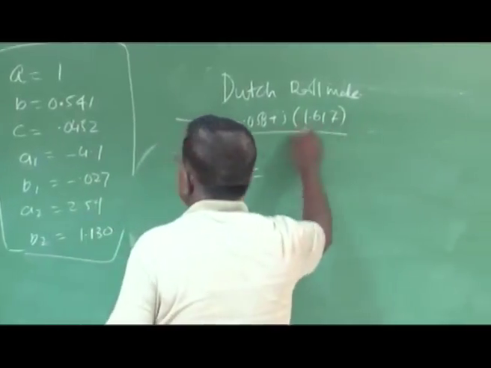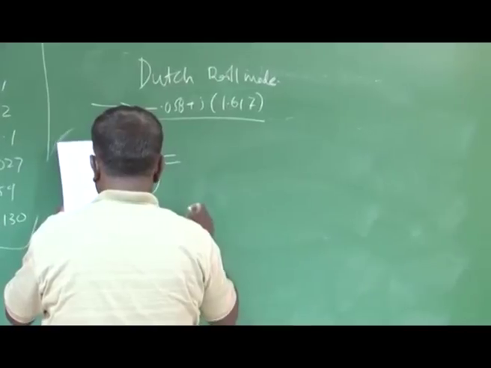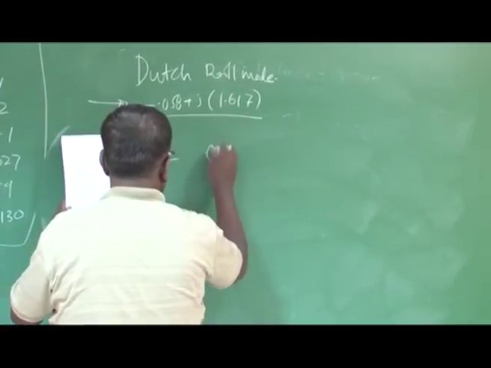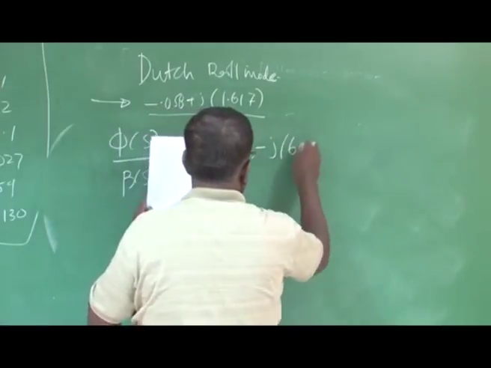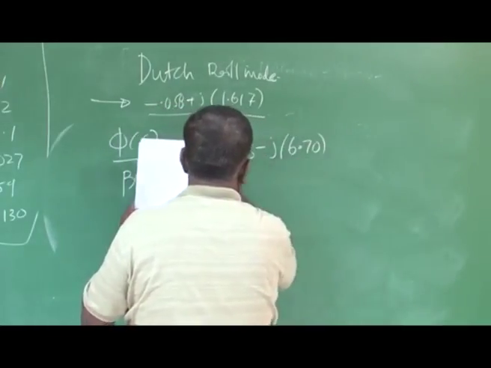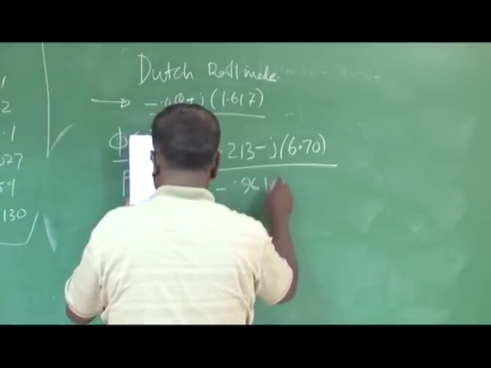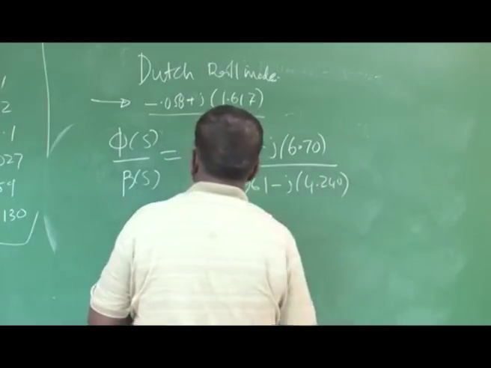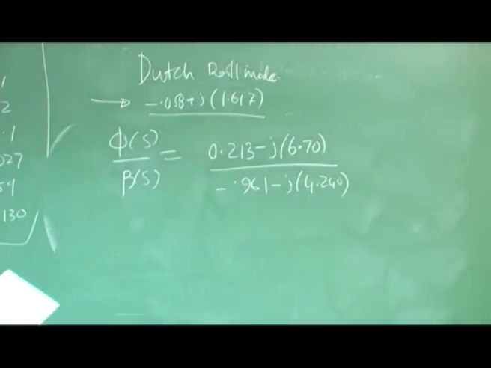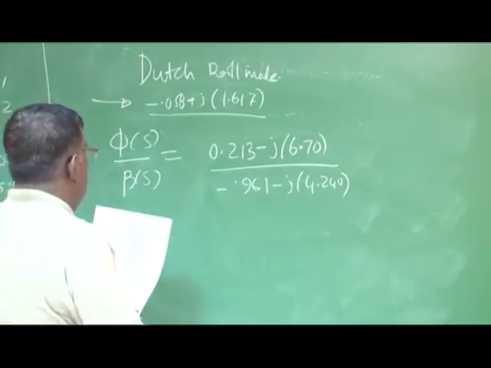So this I substitute in those equations, and phi of S by beta of S I get in this form: 0.213 into 6.70 divided by minus 0.961 minus j 4.240. This is phi of S by beta of S as a ratio of two complex numbers. And now you know how to find the magnitude.